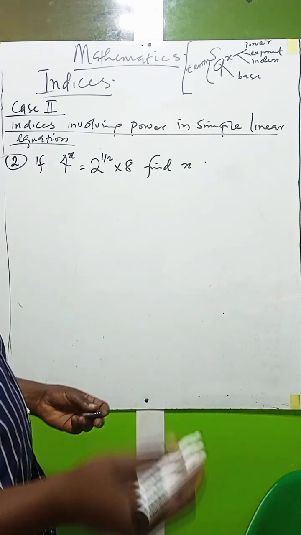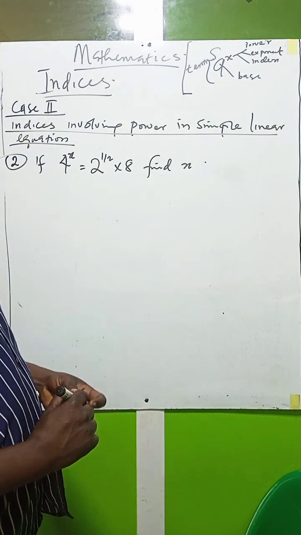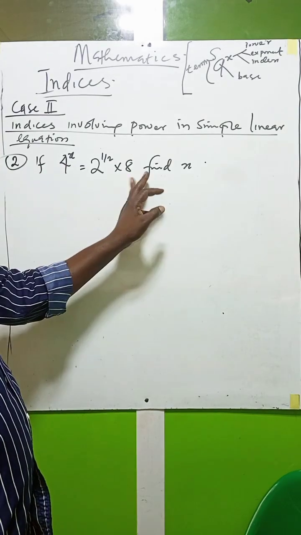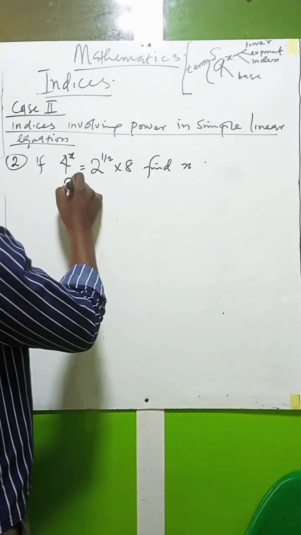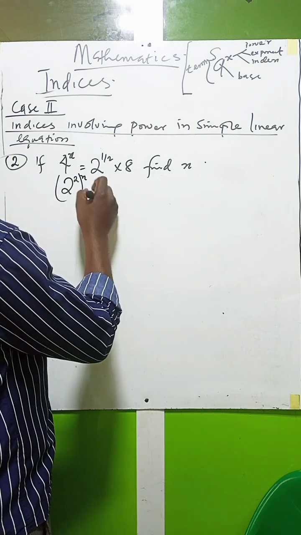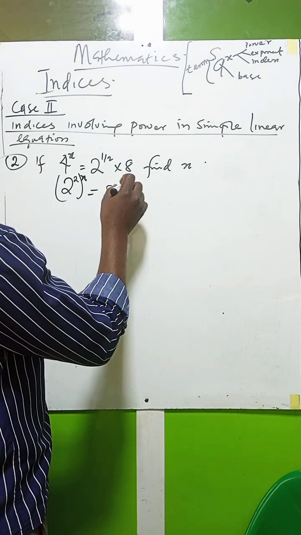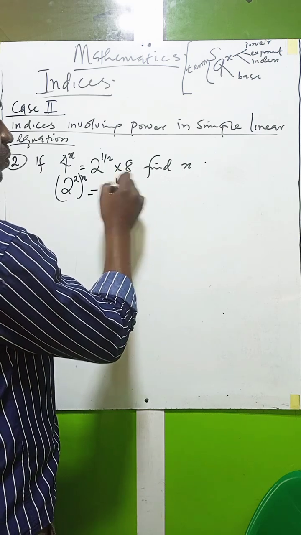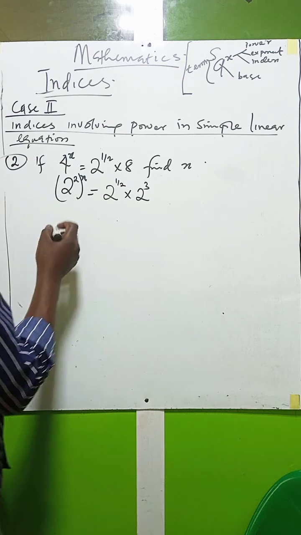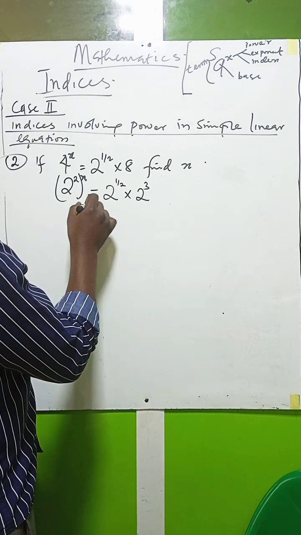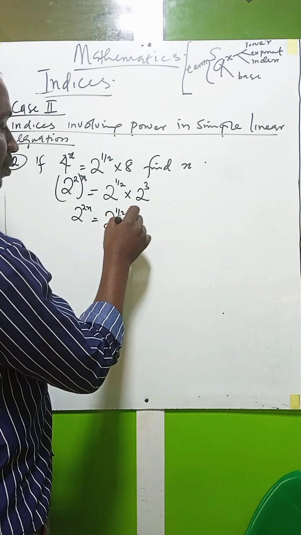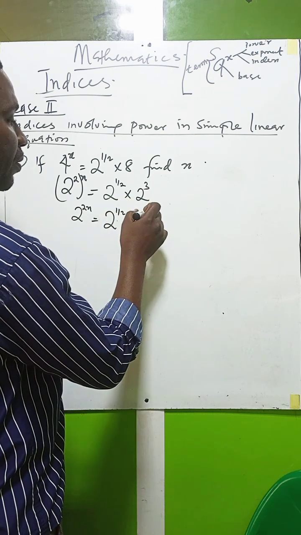Now, like we did in our first example, express them all in a common base. So this is 2 raised to power 2x equals 2 raised to power 1 over 2 times 2 raised to power 3.